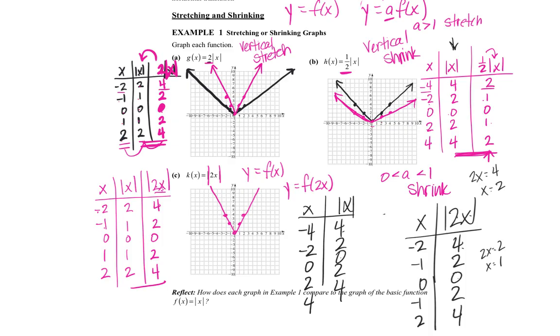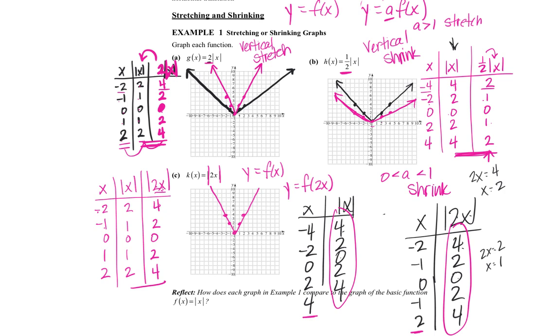And if it's 0, it's going to be 0. So notice now, I know it kind of seems like we did the same thing, but notice our y values stayed the same. But notice what happened to our x values. Our x values got smaller.